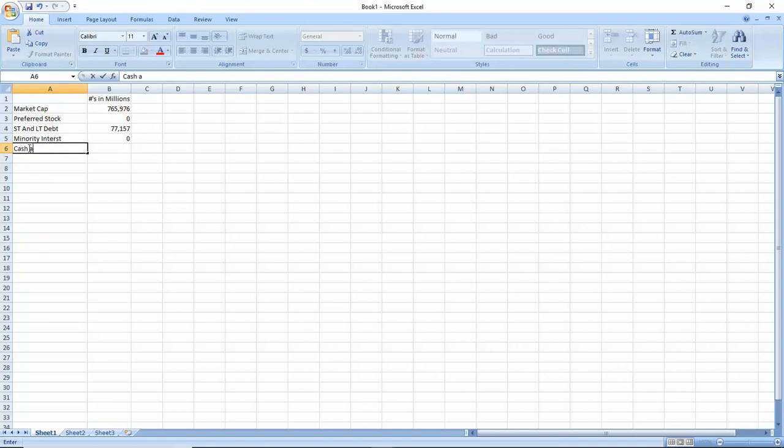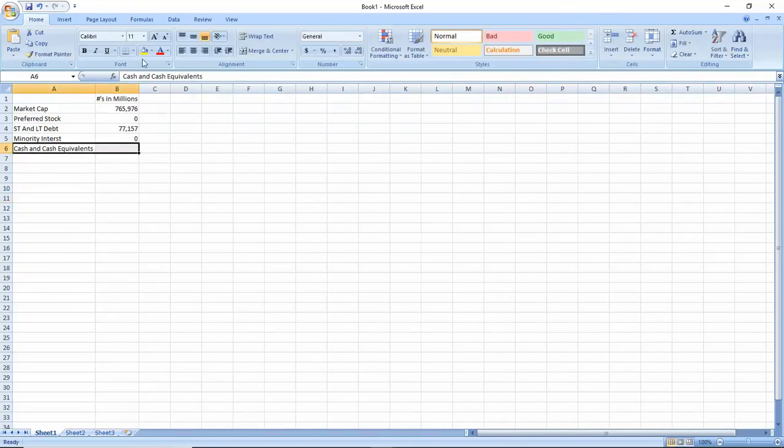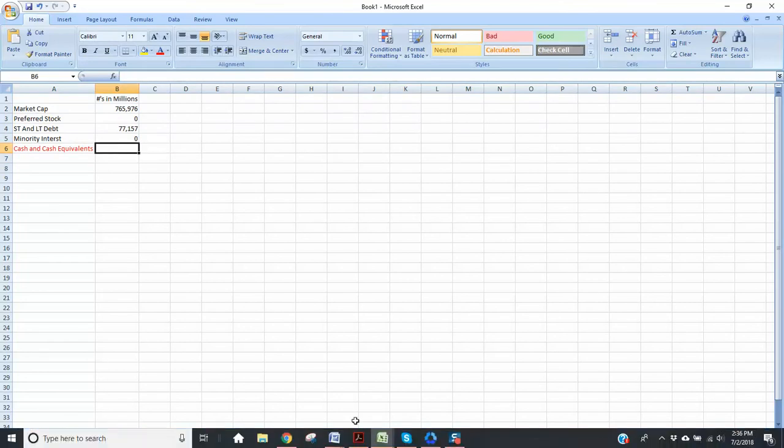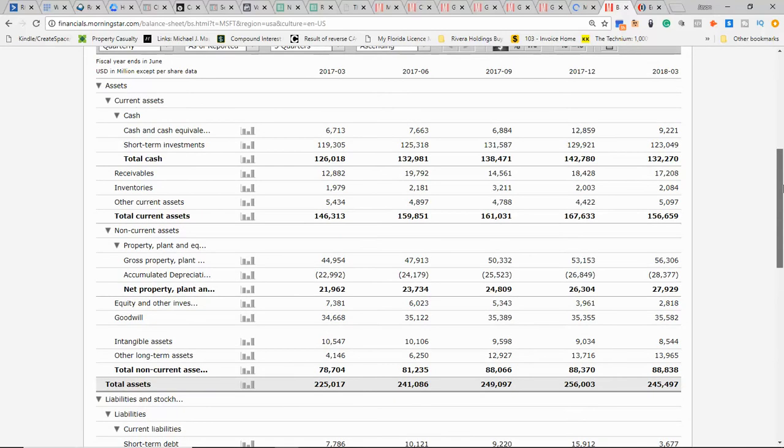Cash and cash equivalents. And I'll put this in red just to illustrate the point, that we subtract this number, 9,221 billion.